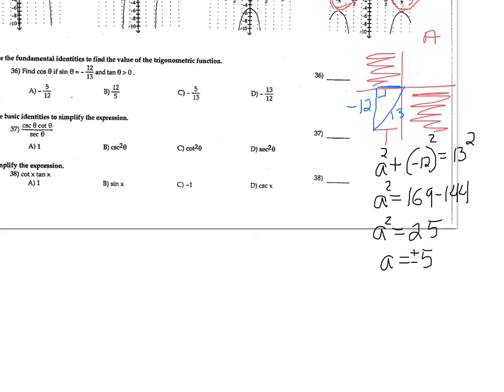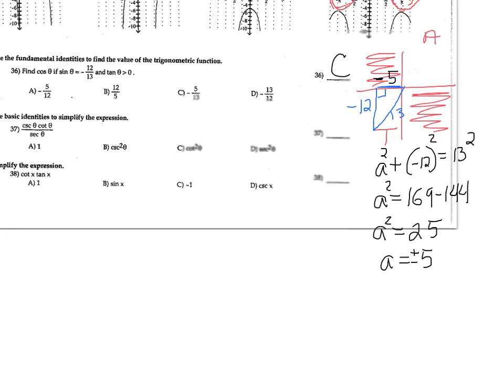In this case, it's negative 5 because it's to the left. So when they ask me for cosine, well, cosine is just from the angle, adjacent over hypotenuse. There you go. Negative 5 over 13. Letter C. Did you get that? I forgot about that. So it's C.